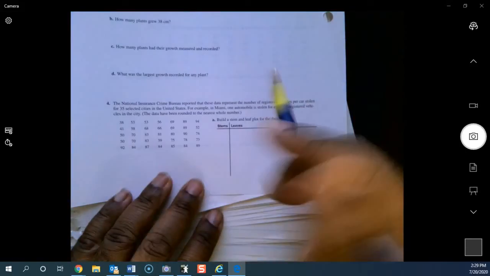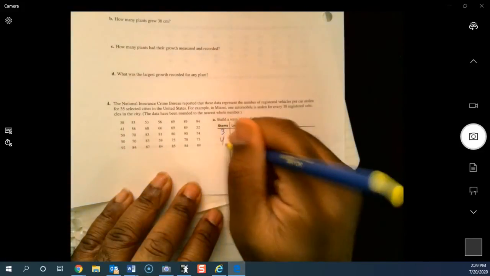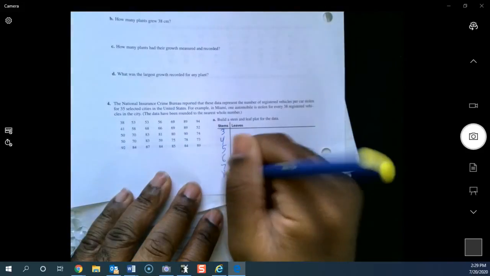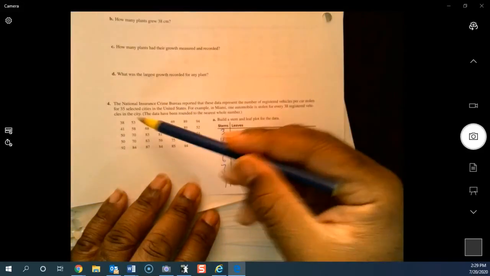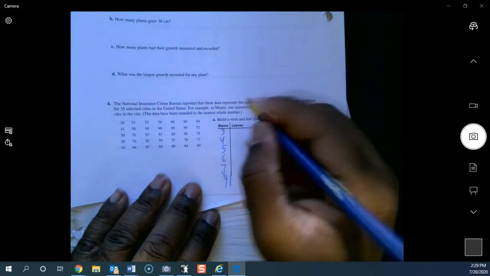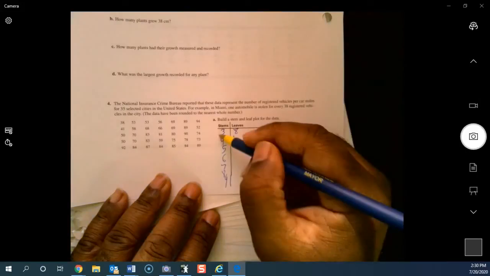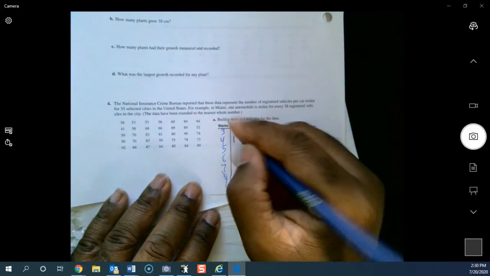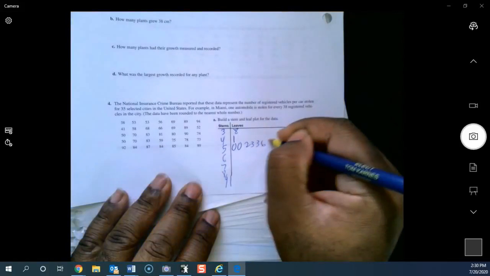Okay, now we do a stem and leaf plot here. We had 3, 4, 5, 6, 7, 8, 9. If we look at these digits here, we will go from 3 to 9. So it's 1, 3, 1, 4. So it's 38, 41. The 5s, it'll be 2, 0, 2, 3, 3, 6, 8, 9.